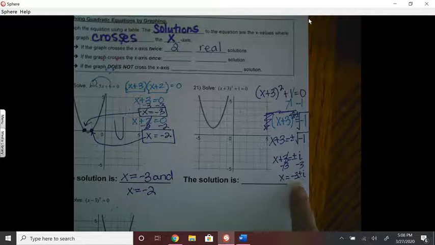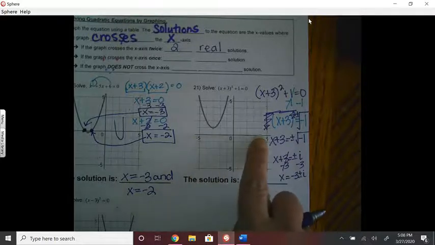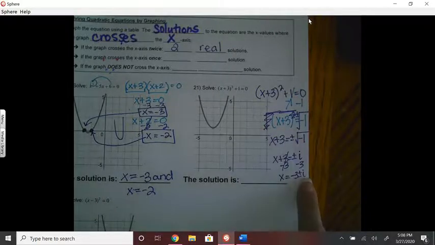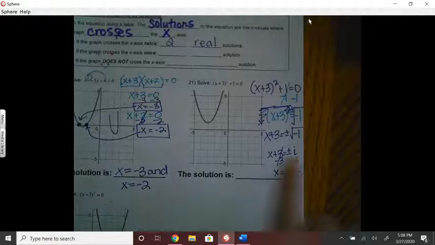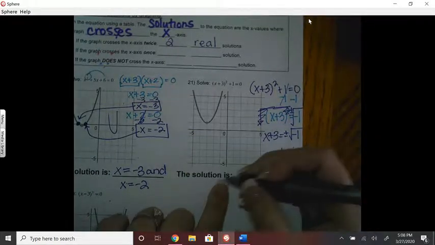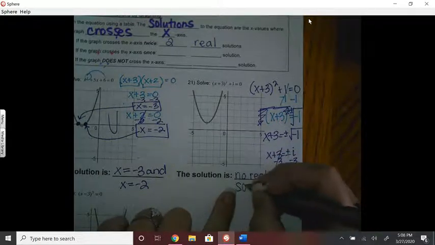So whenever we get an answer that has I, that means it would not cross the x-axis. So again, anytime you solve an equation and the answer contains I, it tells you that the graph would not cross the x-axis. So there would be no real solution.